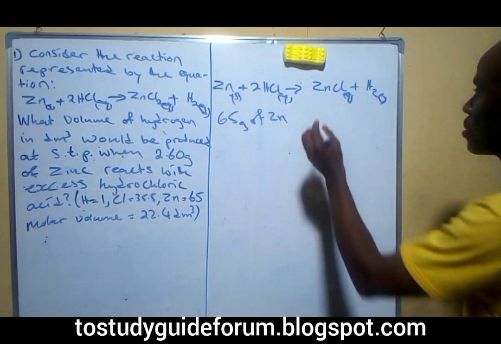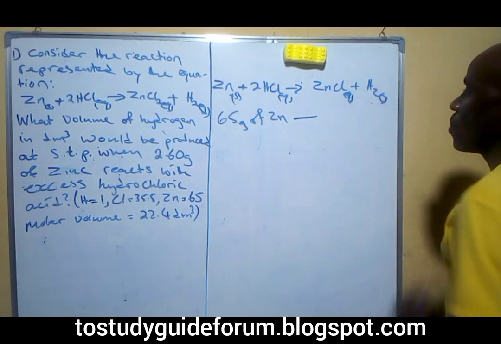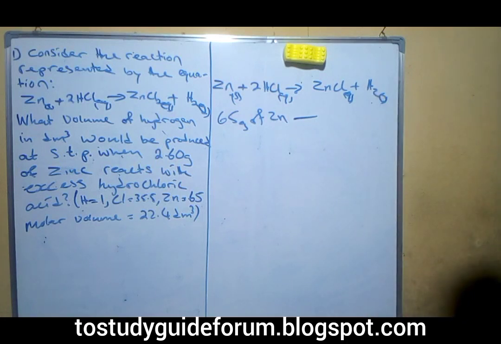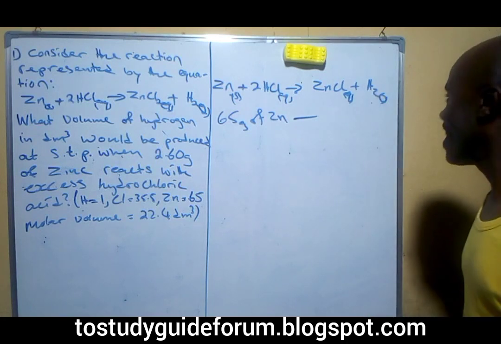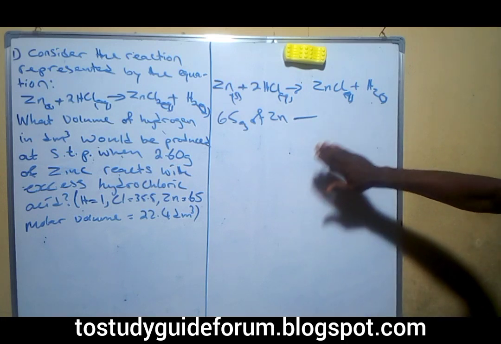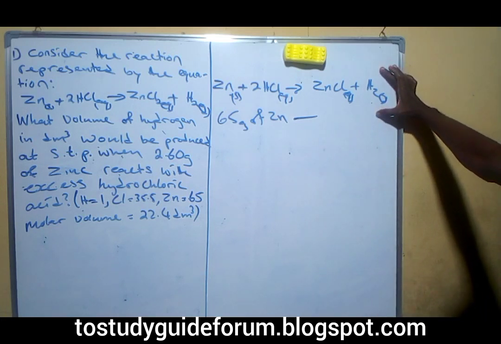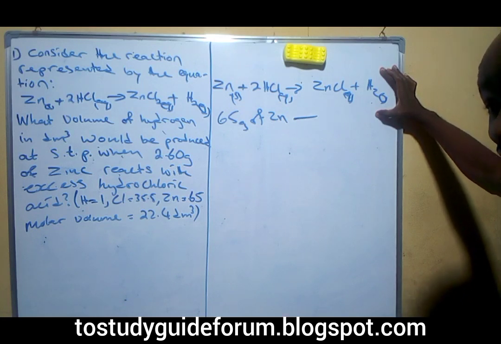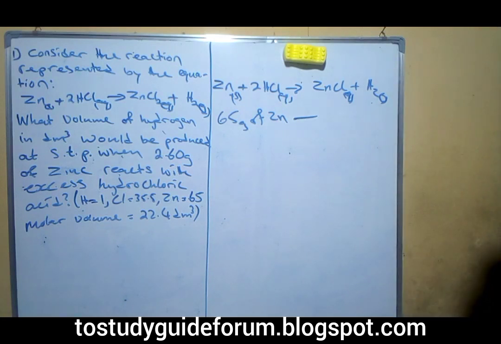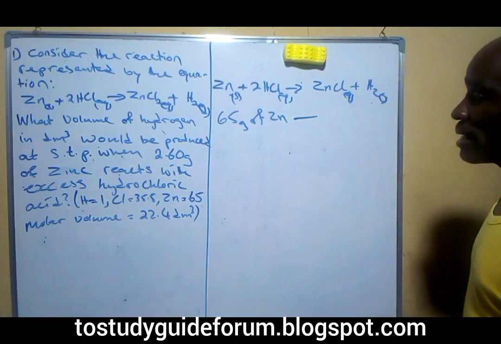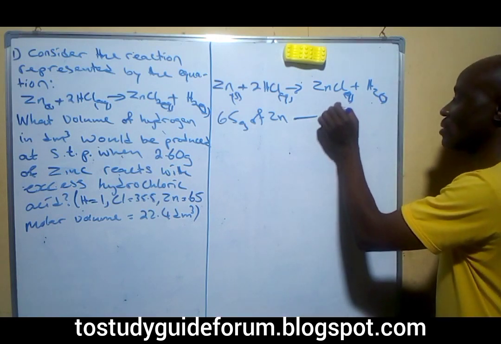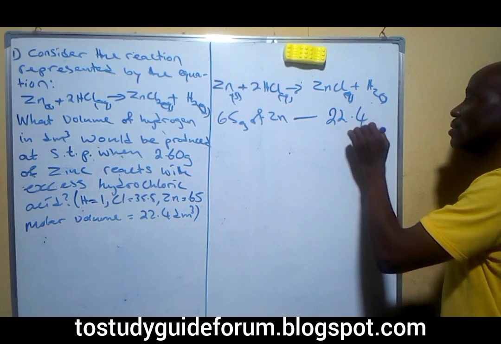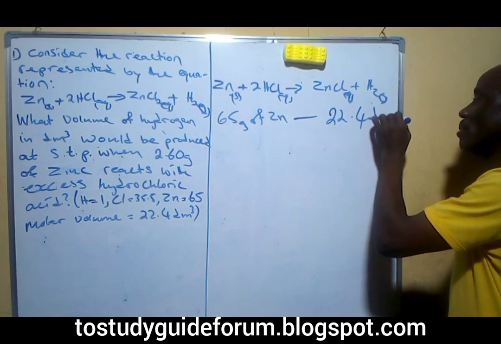That is what's reacted with the hydrochloric acid to give us hydrogen gas. So at STP, we know that the hydrogen gas is 22.4 dm³.